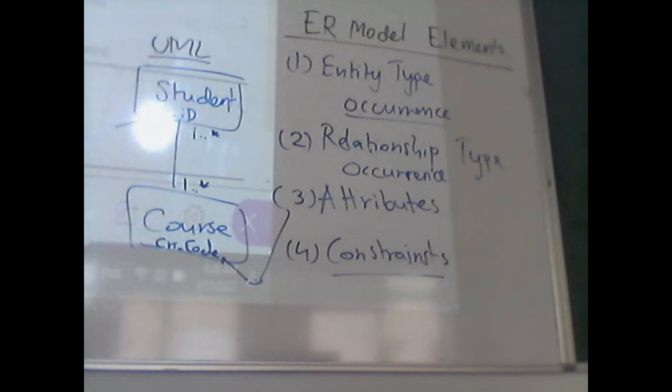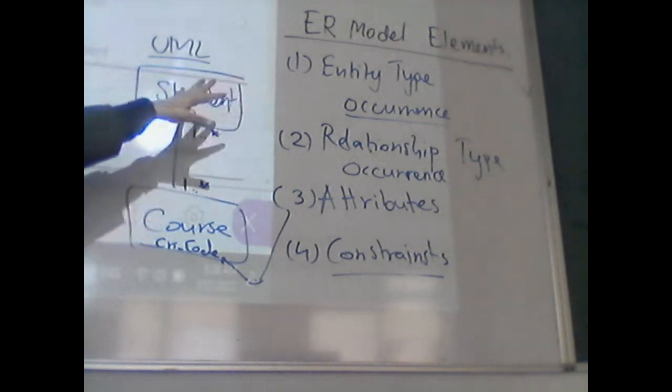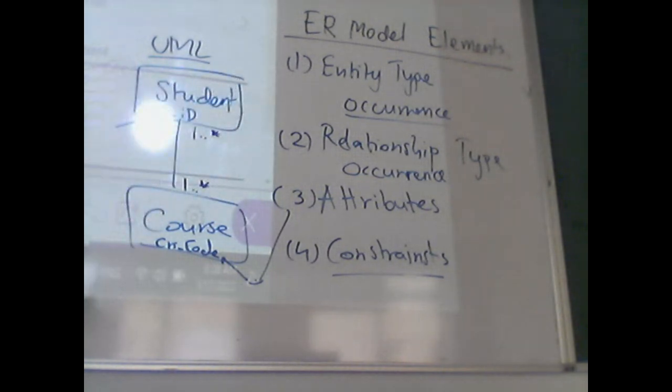This is what we have discussed before, and we said that the entity type occurrence depends on the number of items or objects each entity type can hold. As I said, the student entity type, for example, includes 5 students, 5 records of students. So how many occurrences? 5. They will occur in a relationship.